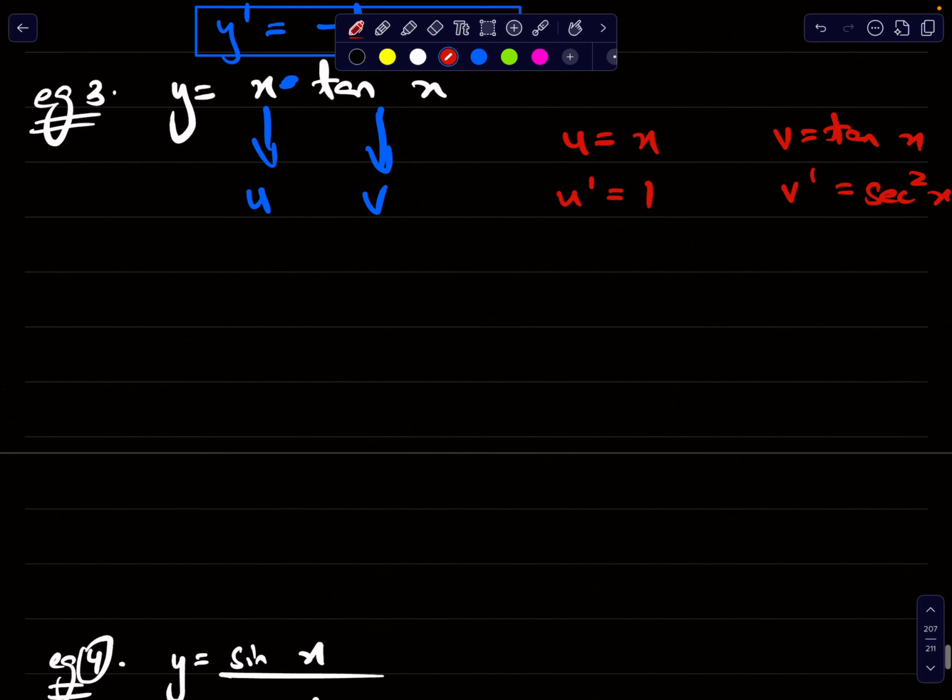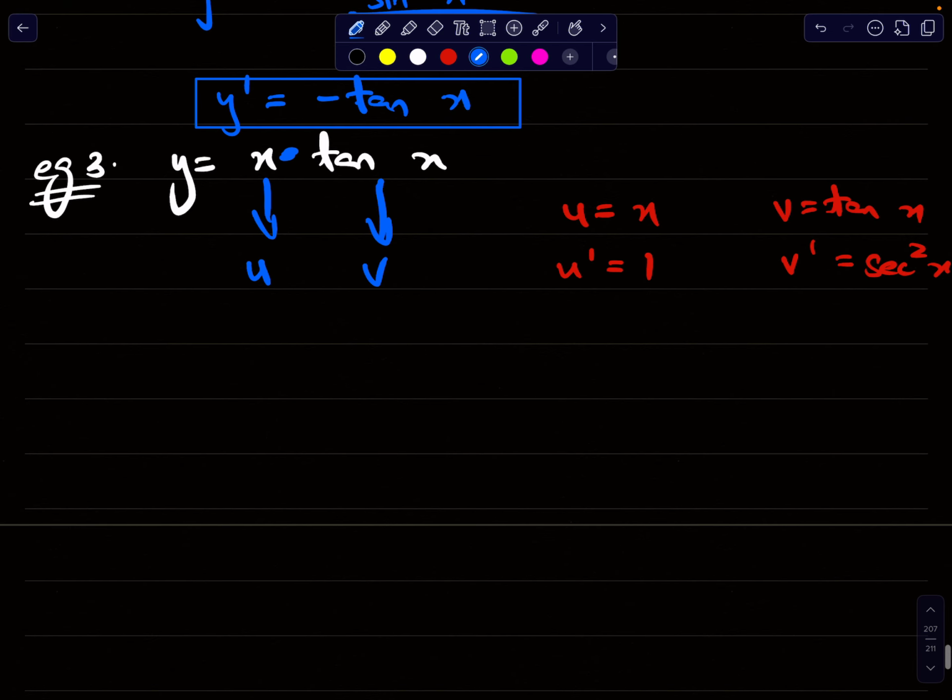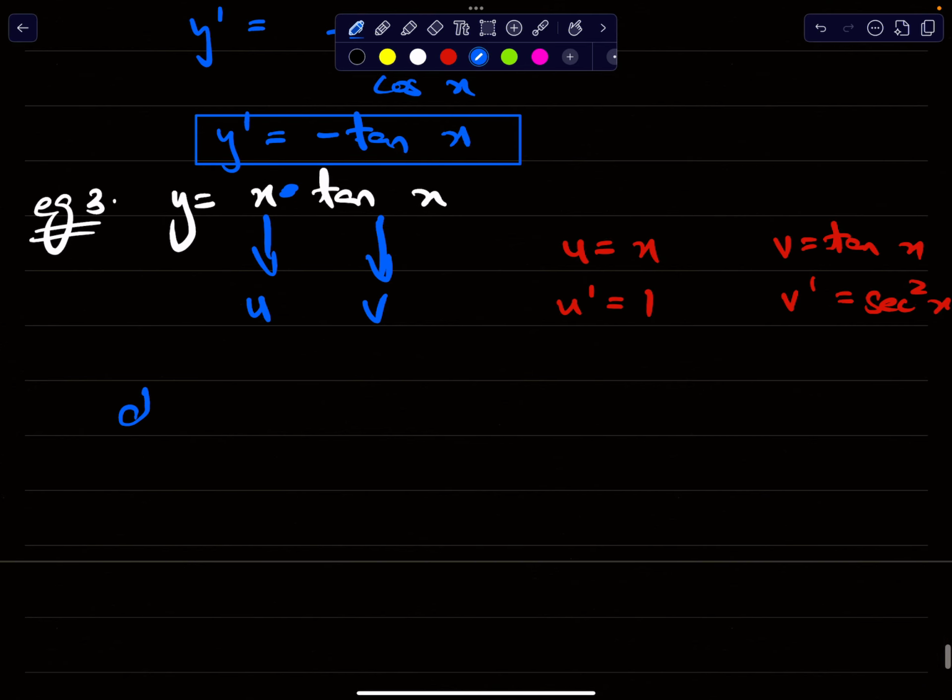As we learned before, the formula for product rule is as follows: dy over dx is u v dash plus v u dash.